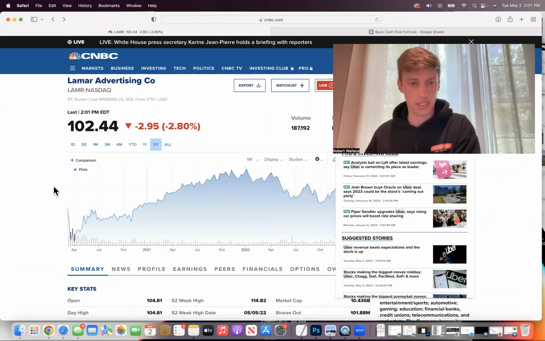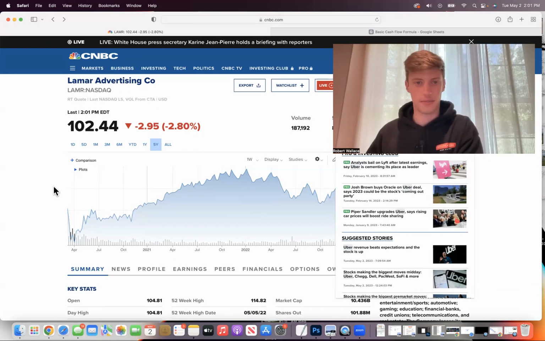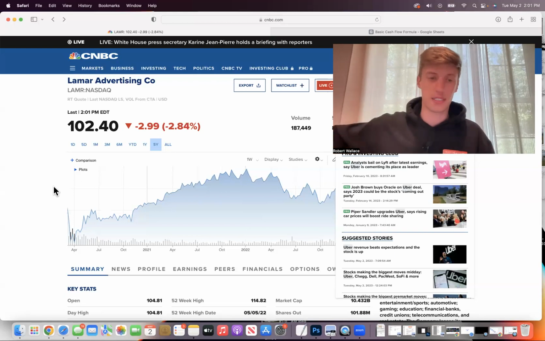Anybody that's an individual investor or a group of small investors is going to be looking to get a return on their investment a lot quicker than 14 years. They're not going to want to wait 14 years to get their money back. Lamar doesn't mind waiting that long because they've already been around for 100 years, and they're planning on being around for the next 100 years.